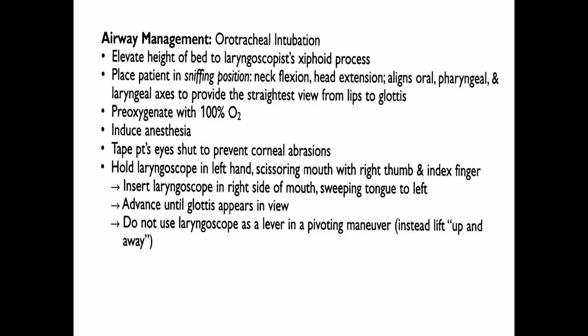Now, how do we perform orotracheal intubation? Elevate the height of the bed to the laryngoscopist's xiphoid process. Of course, in this condition, the laryngoscopist is standing. Place the patient in the sniffing position, neck flexion, head extension, which aligns the oral, pharyngeal and laryngeal axes, by putting a pillow behind the patient's head to provide a straight view from the lips to the larynx.